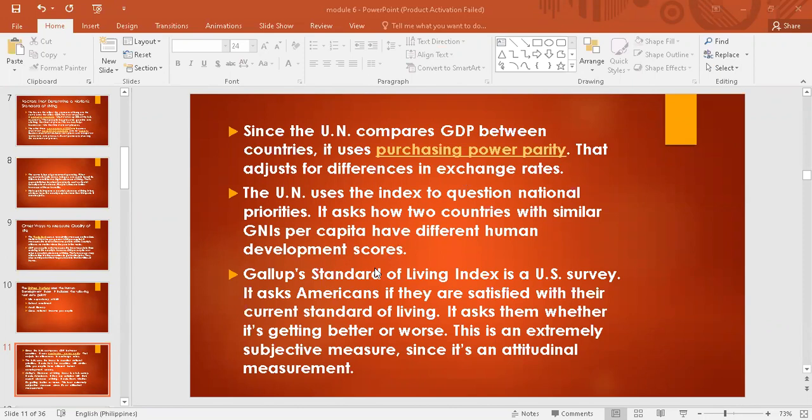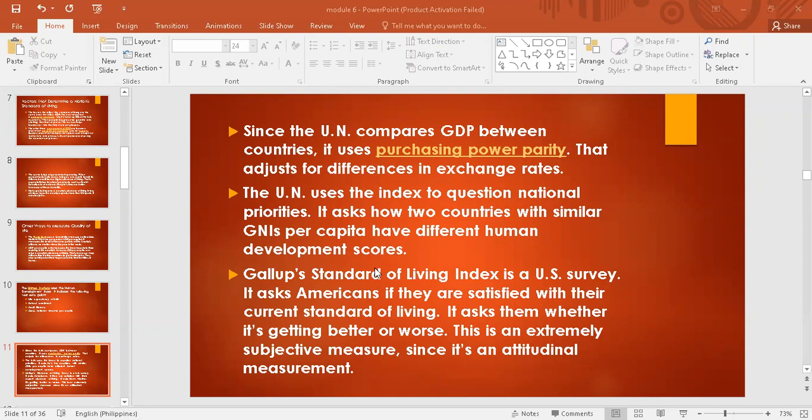So, ibig sabihin po, yung sa purchasing power parity, dito, ikino-compare nung UN yung mga countries, halimbawa meron kang 10,000 pesos sa Philippines, pag dinala mo na yung 10,000 pesos mo sa Japan, the same amount of goods ba yung mabibili? Diba? Kung nasa Japan ka na, malamang yung 10,000 mo, 2 push cart lang ang mabibili.